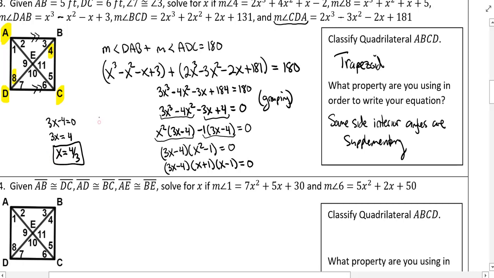The x plus 1 gives us the answer x equals -1. And the x minus 1 gives us the answer x equals +1. So those are 3 answers.